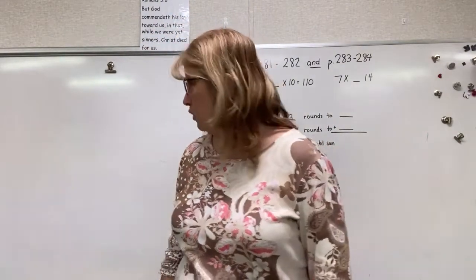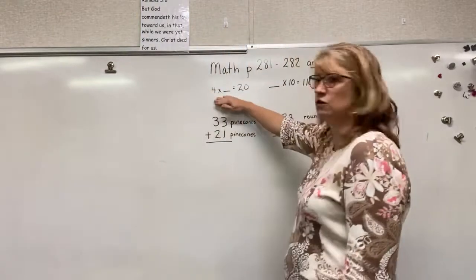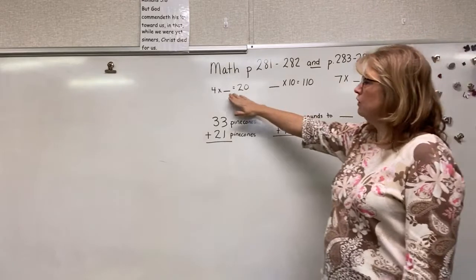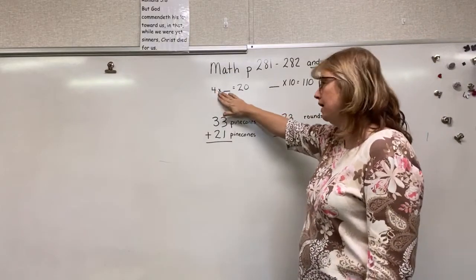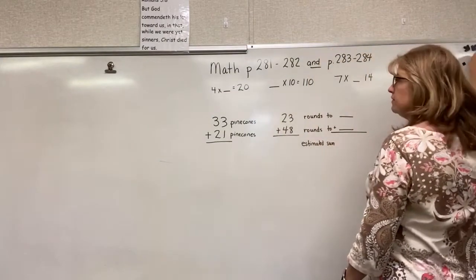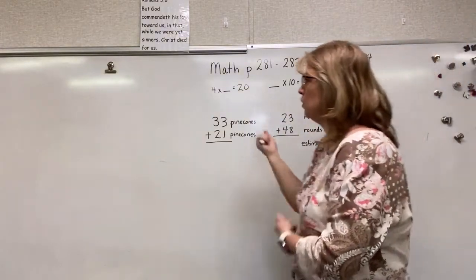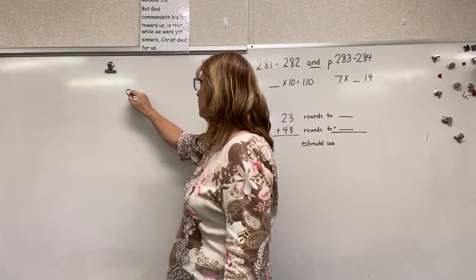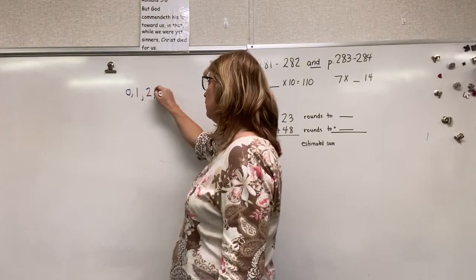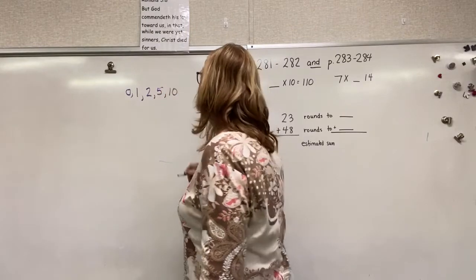What we're going to do first is look at these numbers right here. We have to decide, now we're doing times. 4 times what equals 20? Well, for us, this is fairly easy because we've learned the zeros, the 1s, the 2s, the 5s, and the 10s.